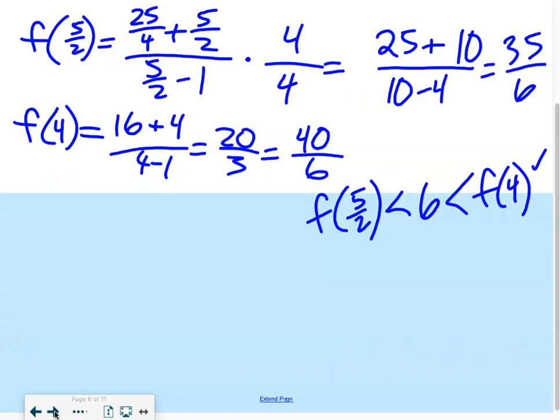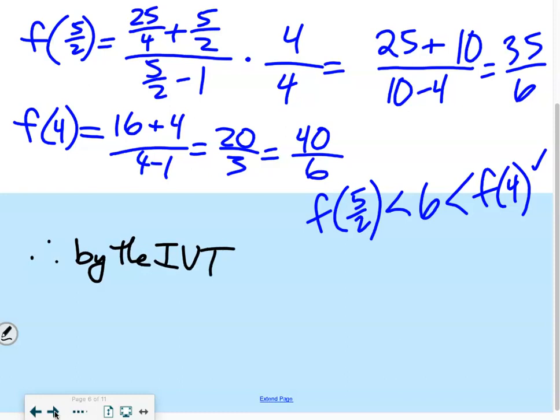So now, Alec. Hi, how are you? What is the last thing we need to write? The conclusion statement, right? And every conclusion always starts with the same words. Therefore, by the IVT. And even on the AP exam, you can abbreviate to IVT.